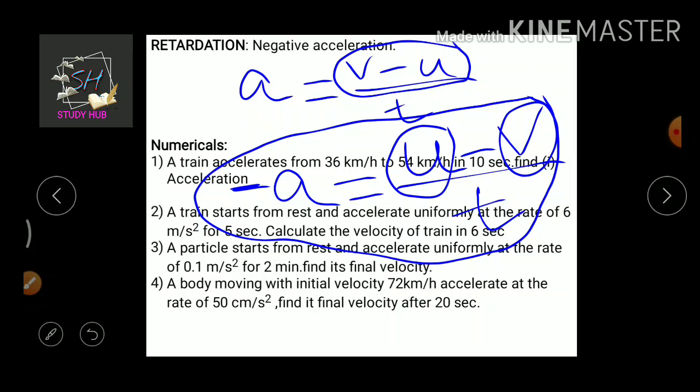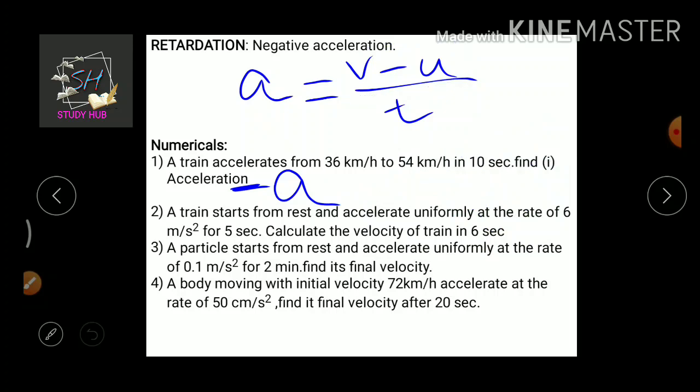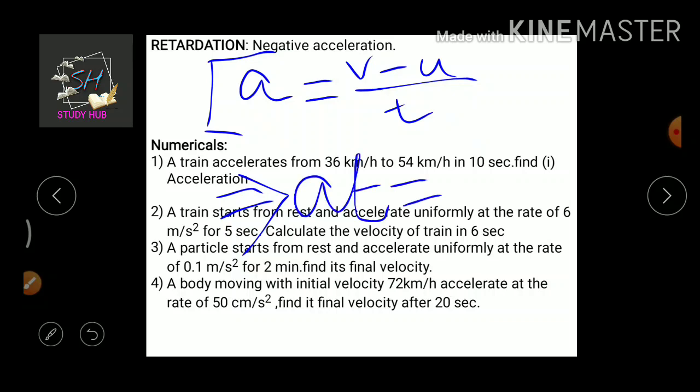So there are some numericals. Let's try to solve them. As we have seen, the mathematical expression is acceleration equals v minus u divided by t. From this, if we cross multiply t by a, then we get at equals v minus u. Now we change sides, taking v minus u on the left and at on the right.